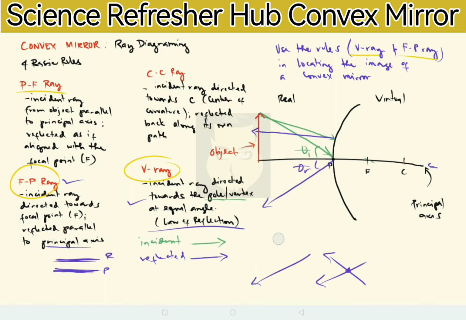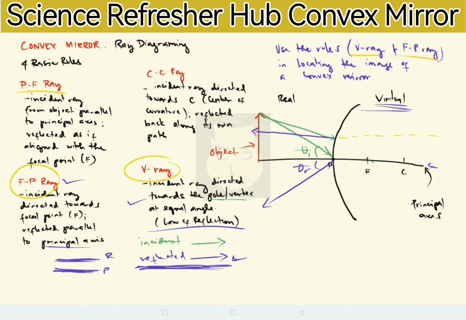So how are we going to locate the image? We will be extending our reflected rays, the blue arrows here, through our virtual side. So let's use the broken line to do it. Just focus on the blue arrows here, just like this, the parallel reflected ray. We will have to extend it here through the virtual side of the mirror.